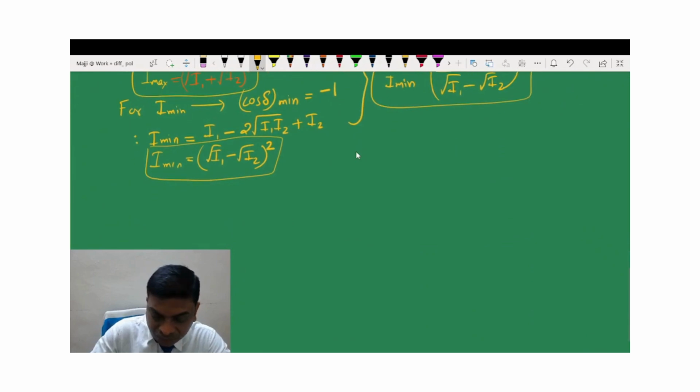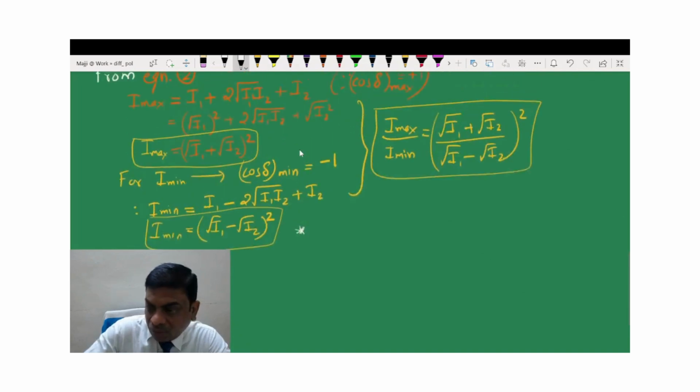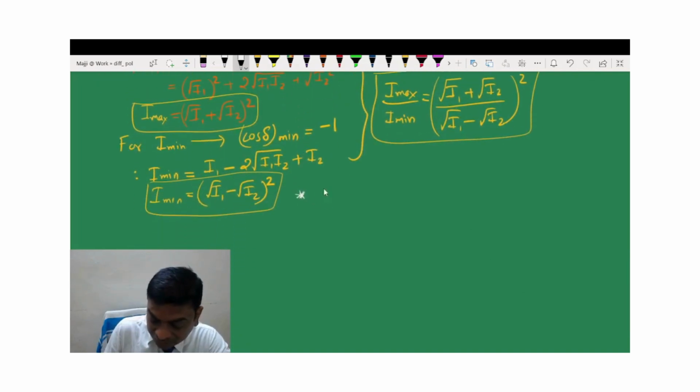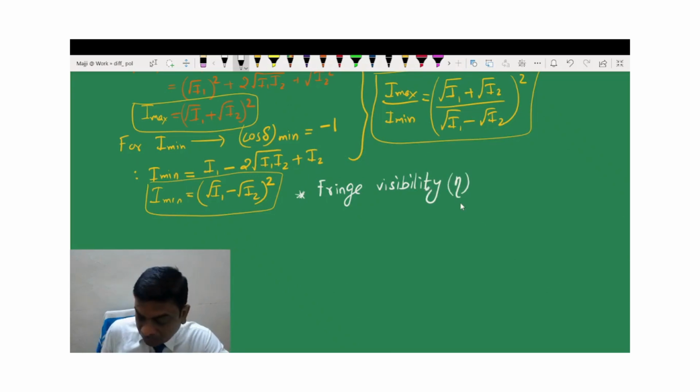Then next, a very common term used is fringe visibility. It is denoted by eta or you can take it as capital V, not a problem.